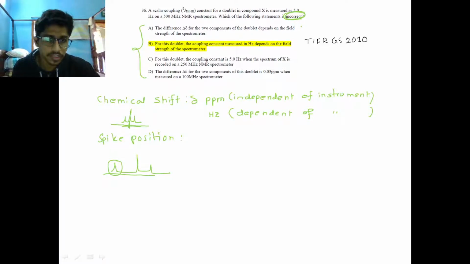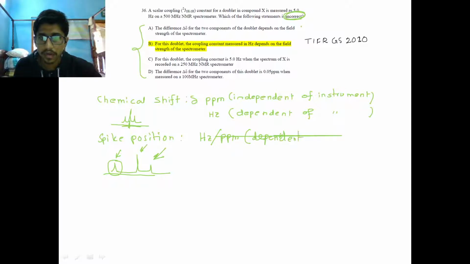And the spike position, the position of a particular peak, this one or this one or this one, you can write down in Hertz unit or in ppm unit.